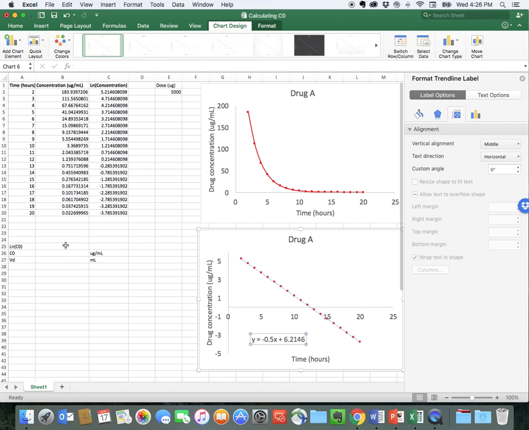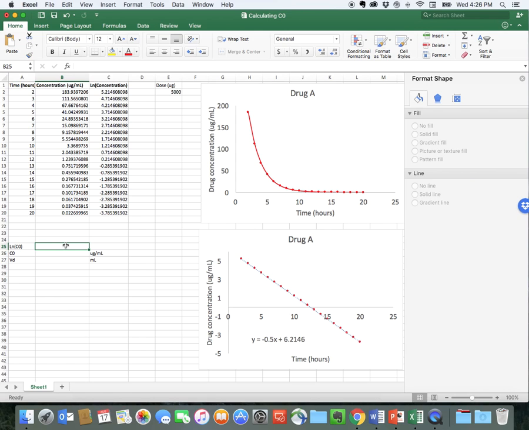Okay, so now we can use this model. And what we're interested in is what is the y value when x is 0, because when x is 0, that is time 0, which is exactly the time at which we have administered the dose to the animal, and there has been no time for any of the drug to be excreted yet.